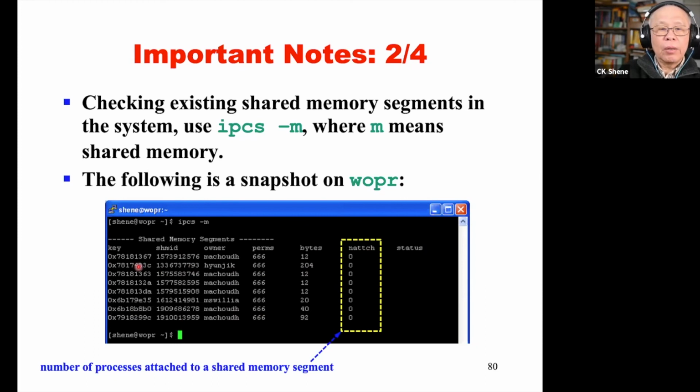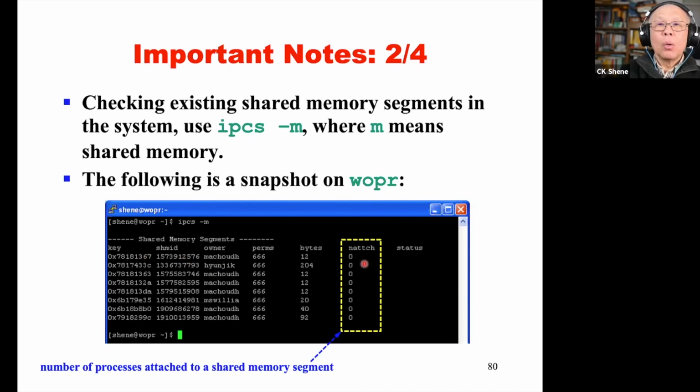So let's take a look. We have a shared memory with permission 0666 of 12 bytes. This shared memory is owned by the user MACHOUCH. It has this shared memory ID and this key. But look at this column. It shows that no processes have this piece of shared memory attached.